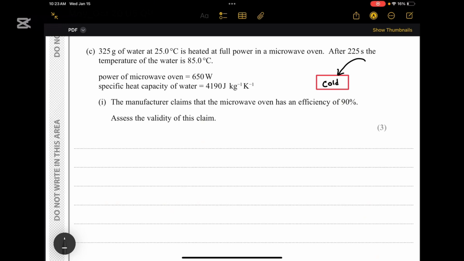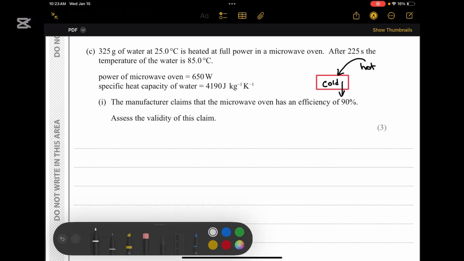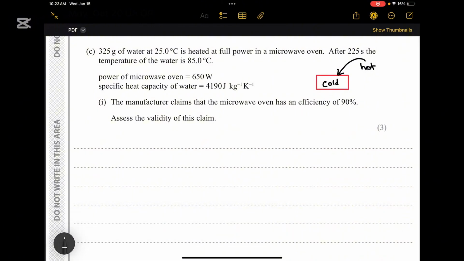As I am pouring hot water into this cold water, the temperature of this cold water will decrease, right? No, the temperature of the cold water will not decrease, my bad. The temperature of the cold water will increase and the temperature of the hot water will decrease, because at first let's say it was 85 degrees Celsius and it was minus 5 degrees Celsius.